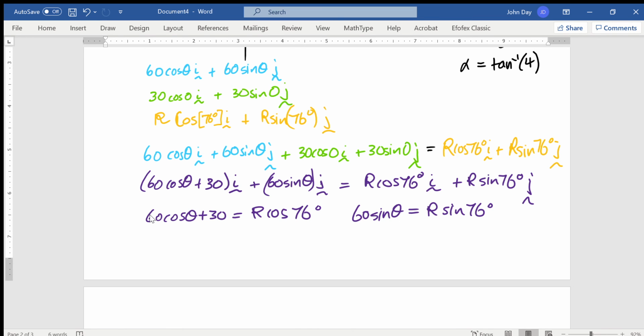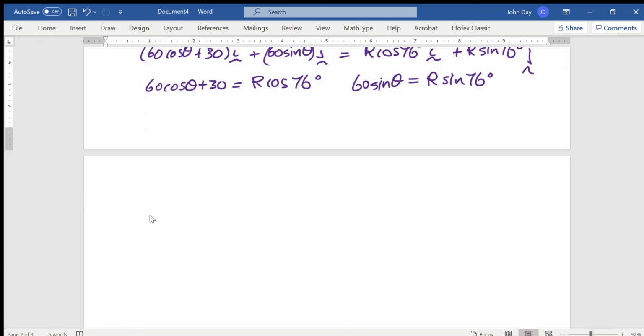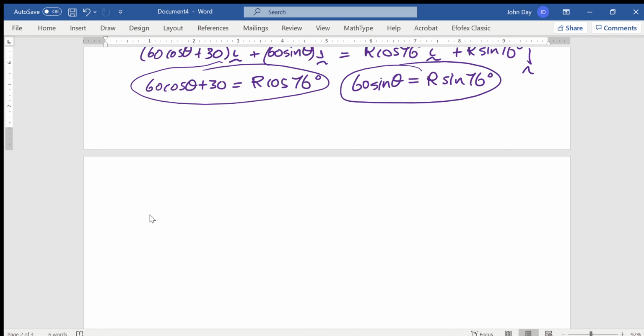So we have two equations and two unknowns. r and theta are the only unknowns, and we should be able to solve those out, realising we only want to find theta. We don't really need r, but we've got those two equations. I'll call them equations 1 and 2.